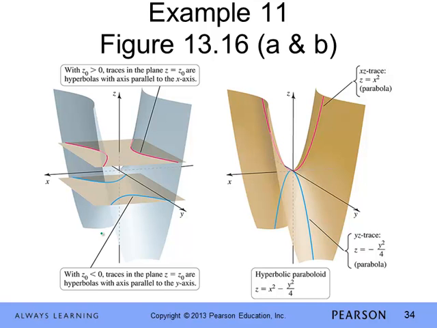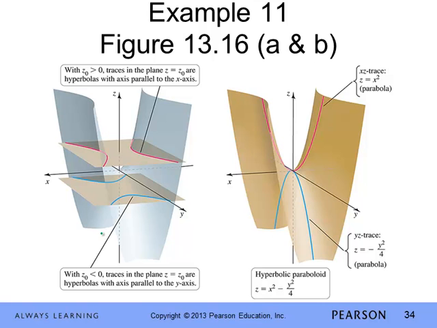With respect to the xz plane, it's a minimum. But with respect to the yz plane, it's a maximum. But in general, it's neither. We will talk about finding maxima and minima of multivariable functions, but there are also saddle points as well. And that's an example of a saddle point.